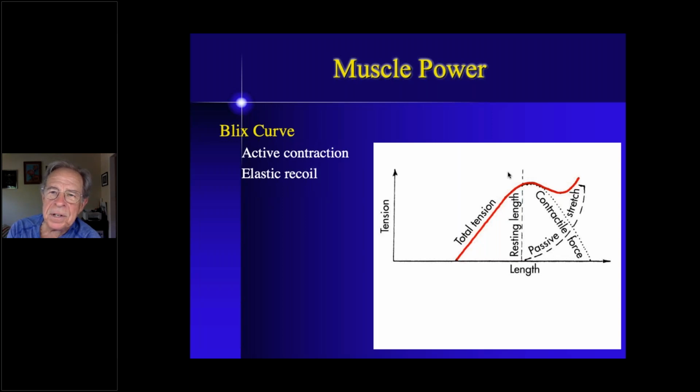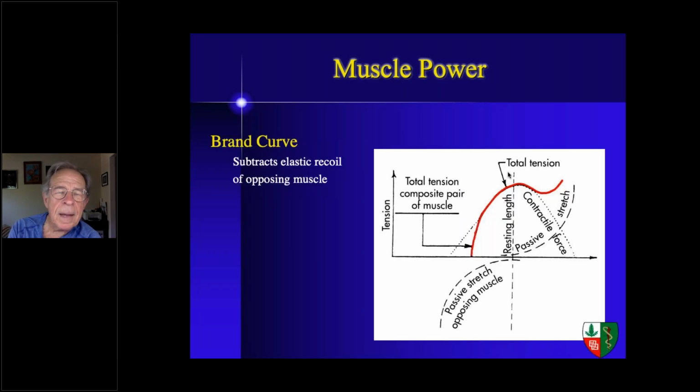So you can see that there's the contractile force plus the passive stretch to give you this shaped curve, which still has the peak at the R value, the resting length. Paul Brand took this curve and he subtracted the elastic recoil of opposing muscles, and he came up with this total tension curve, which more accurately reflects the function of the muscle.